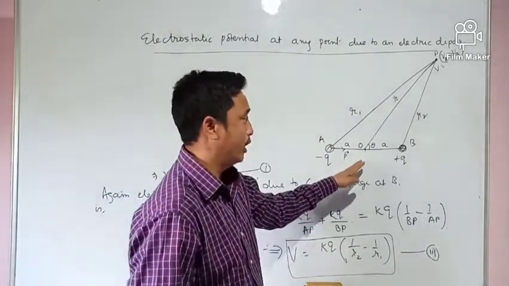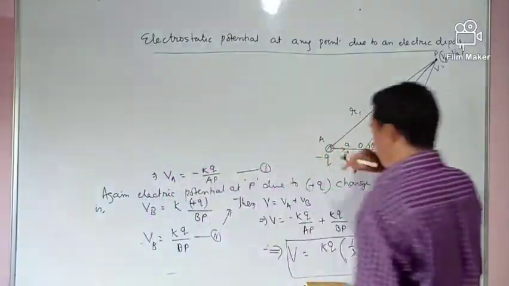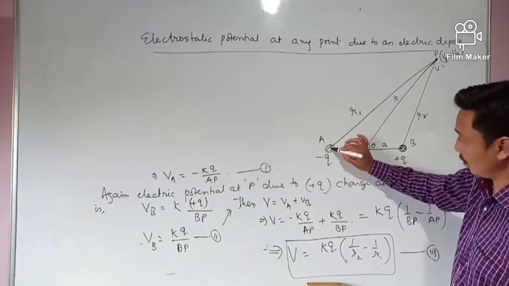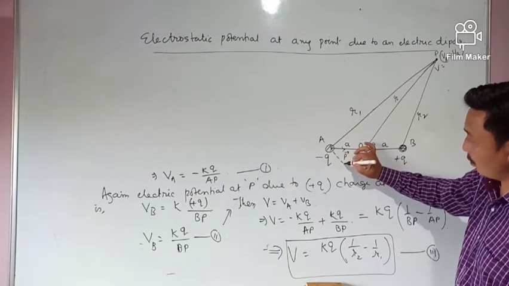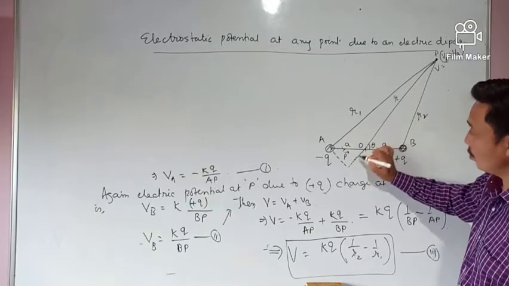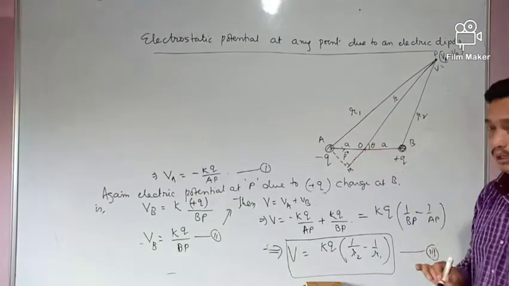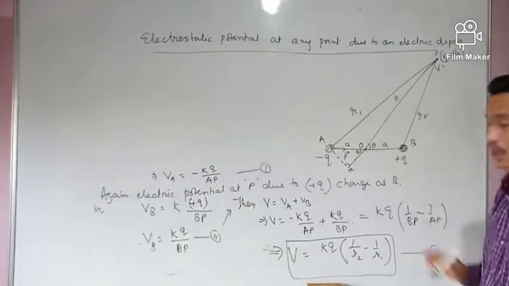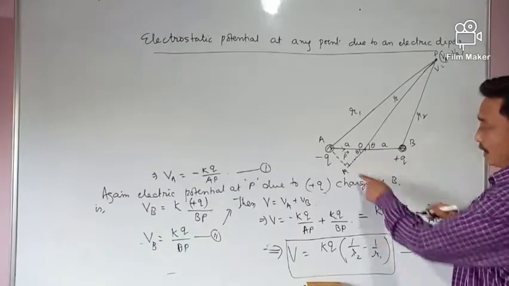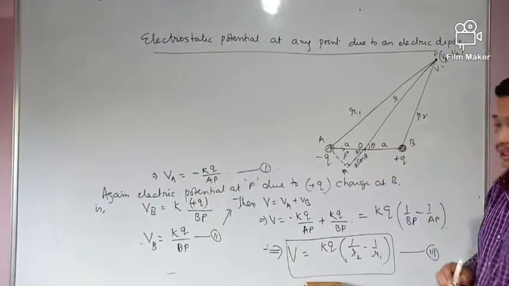I will draw a construction here: a perpendicular line extending from O to M, and this angle is theta, which makes this side a cos theta.